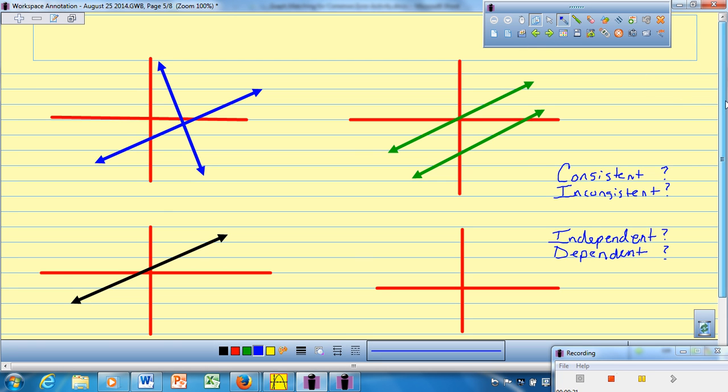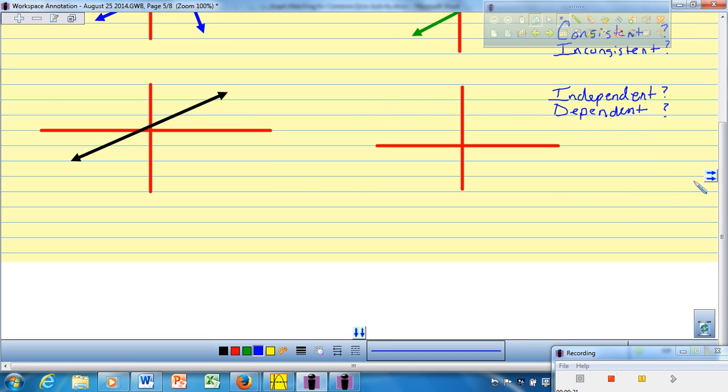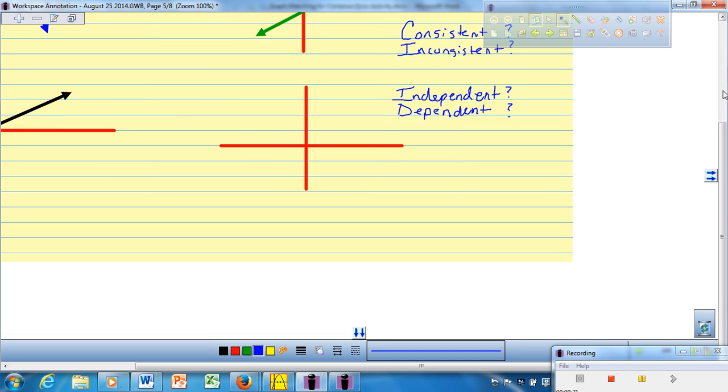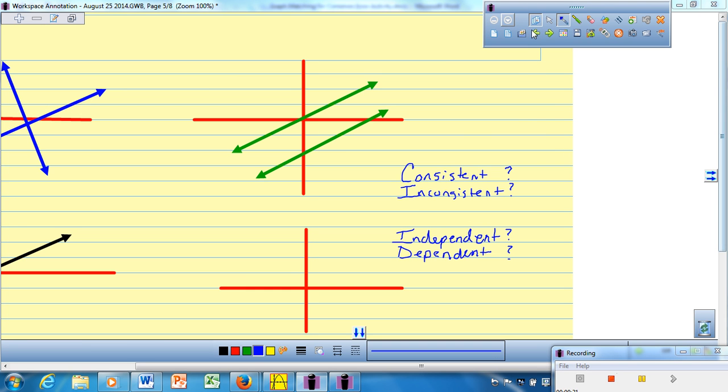So here you need to get these into your notes. There's some terms that we deal with when we talk about systems. We say whether it's consistent or inconsistent, independent or dependent. So consistent, what I want you to have in your notes, means that there is a solution. There is some solution.